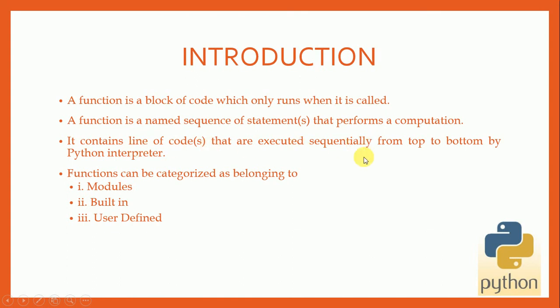All the code is executed sequentially from top to bottom by the Python interpreter. That means each line of the code is executed from the top to the bottom. We have already seen what sequential coding is, right? The function can be categorized as modules, built-in or user-defined. Clear?